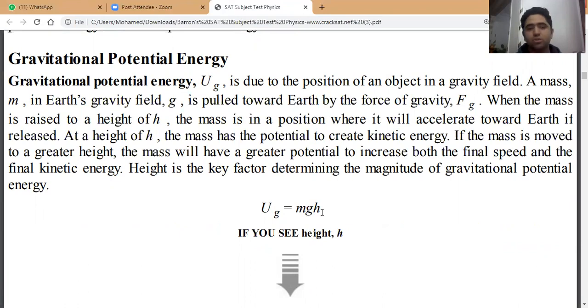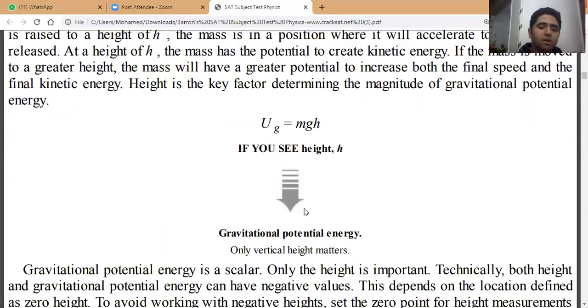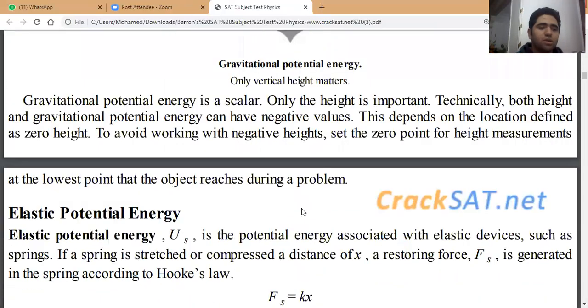The real acceleration due to gravity is 9.8 meters per second squared, but it's approximated because you're not allowed to use a calculator on the test. Okay? As with kinetic energy, potential energy is a scalar quantity, so direction doesn't matter.